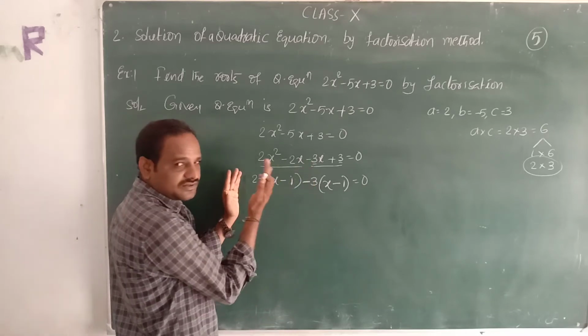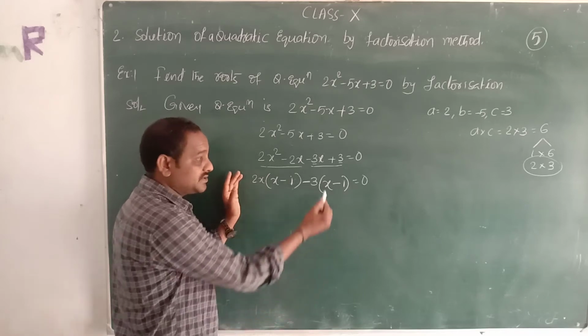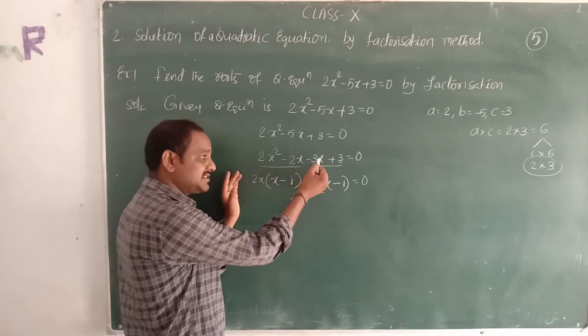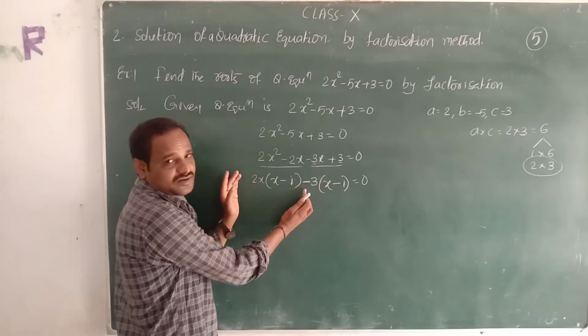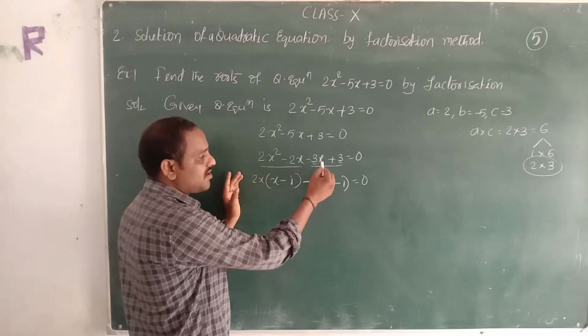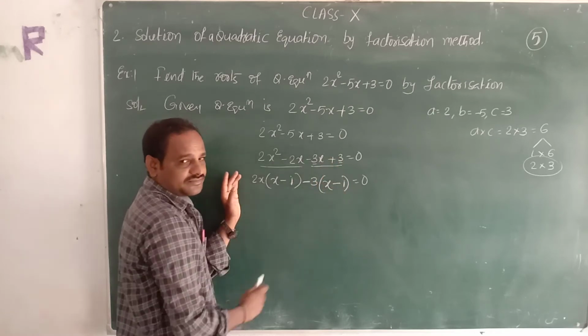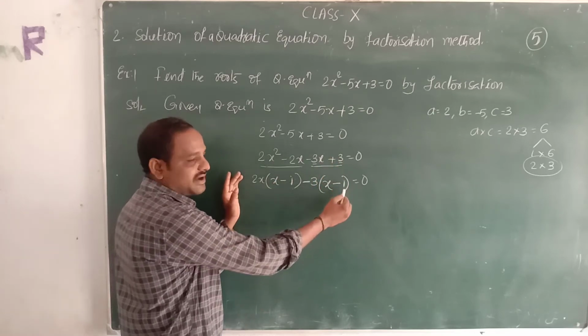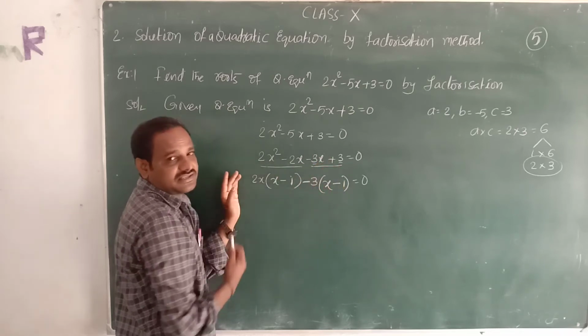Here I also took the minus as common, so that is why this plus becomes minus. Not only 3, I took minus 3 as common. So here we got x, and this plus 3 becomes minus 1. By taking 3 as common, here only 1, but this plus becomes minus because I took minus also as common.